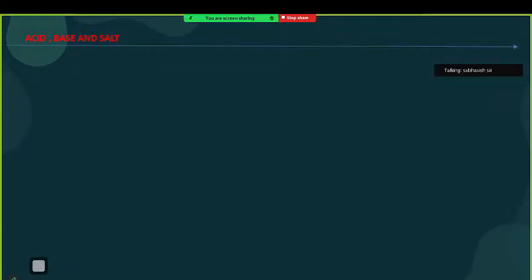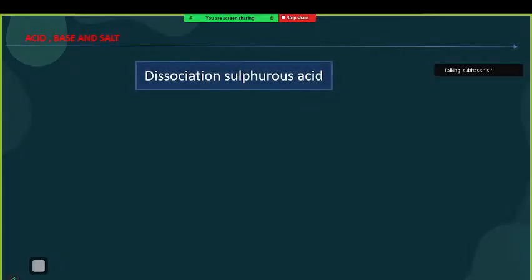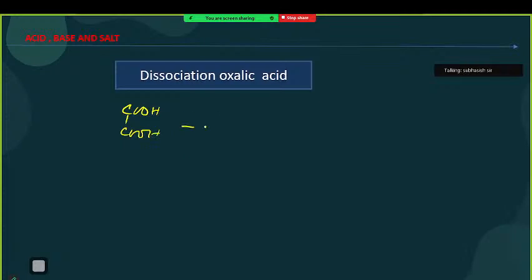Dissociation of sulfuric acid, already mentioned. Sulfurous acid has the formula H2SO3. When it dissociates, it produces SO3 2 minus plus 2 H plus. And oxalic acid, already mentioned, COOH, dissociates to give 2 H plus.